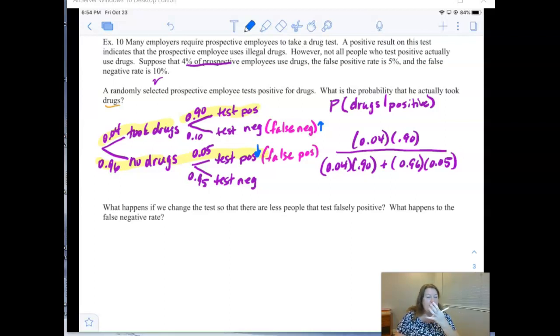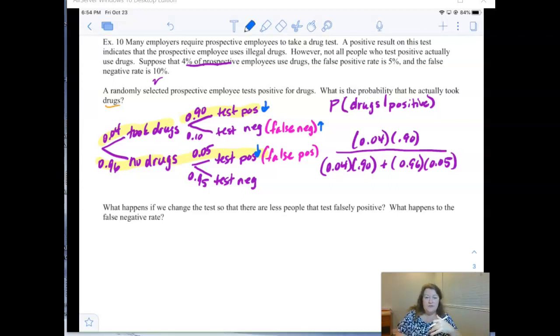So if the probability of testing positive goes down, then the 90% of the drug users caught would also go down, right? Because that's testing positive. So the positive rate would just go down. There'd be less positive rates. So if there's less positive rates, then there'd be more false negatives. So it's kind of a trade-off with those two different errors.